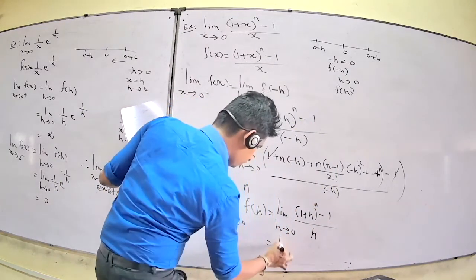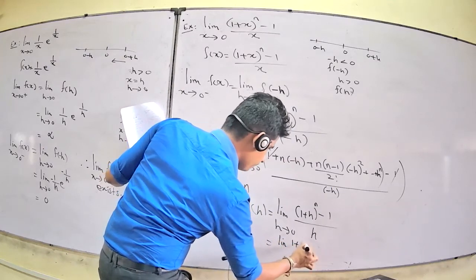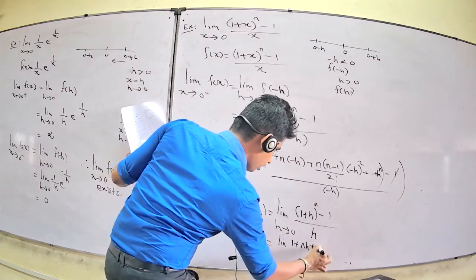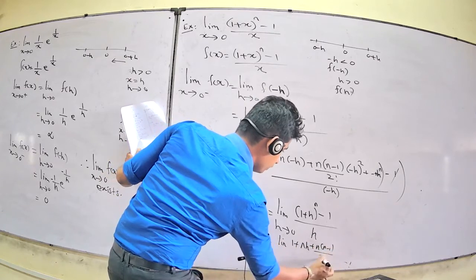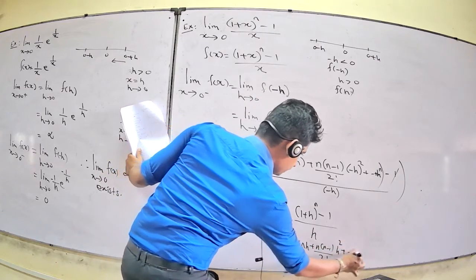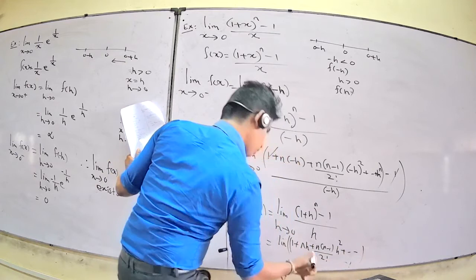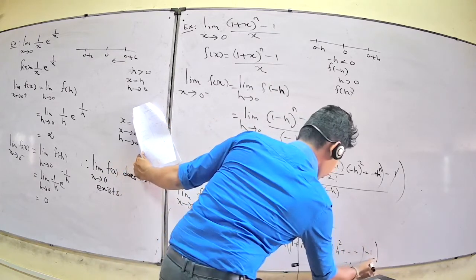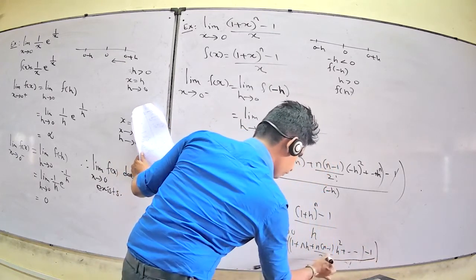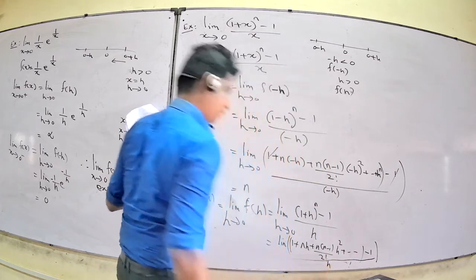You can expand this: 1 plus n h plus n into n minus 1 over 2 factorial h squared and so on, minus 1, over h.